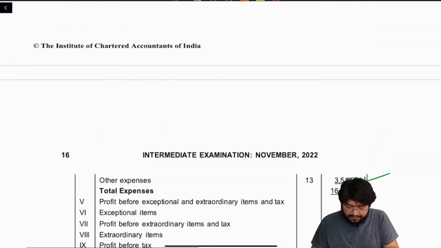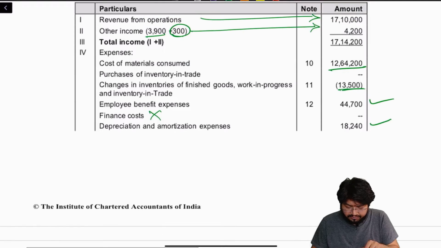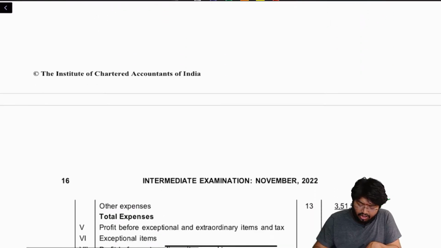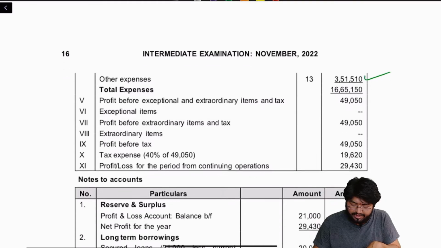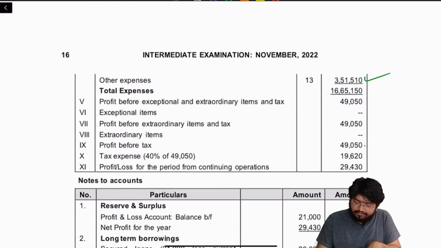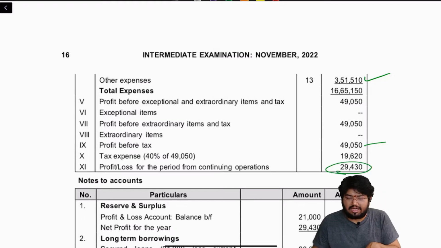Okay, with that your P&L items are almost done. Now from this you are supposed to deduct your taxes. Tax he has specifically stated 40% is supposed to be provided, which is 40% of this 49,050, and then net is basically your profit from your current year's operations.